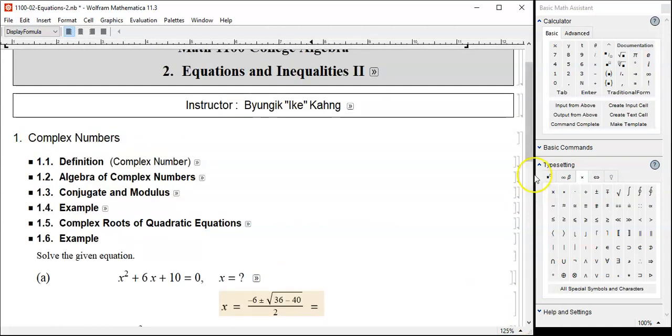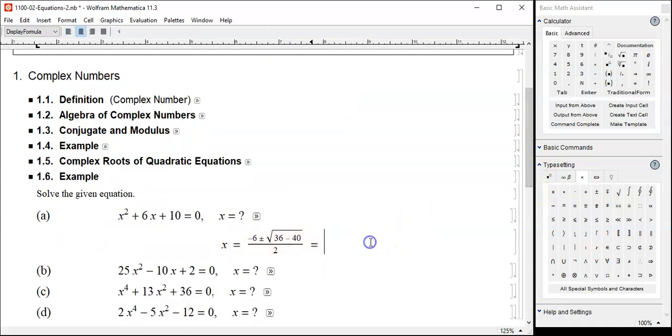A little bit bigger font, I guess. And the inside of the square root is negative. So this is negative 4. How do you handle that? If you recognize i is the square root of negative 1, you can rewrite like this.